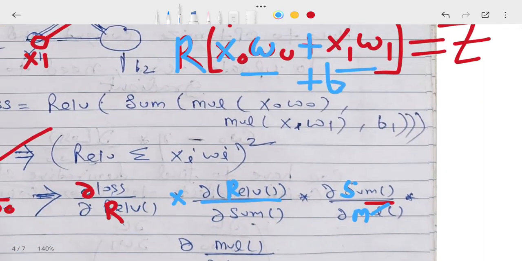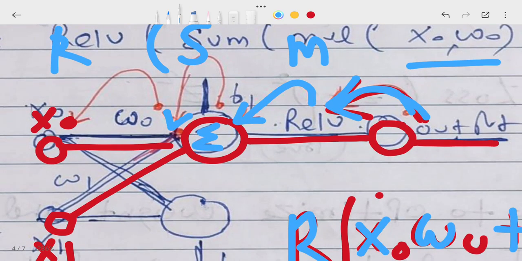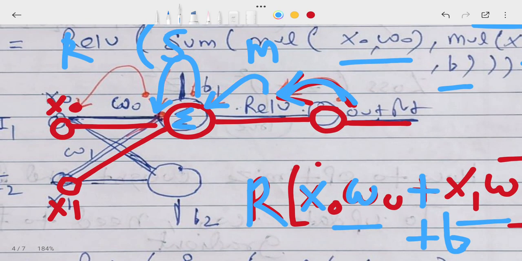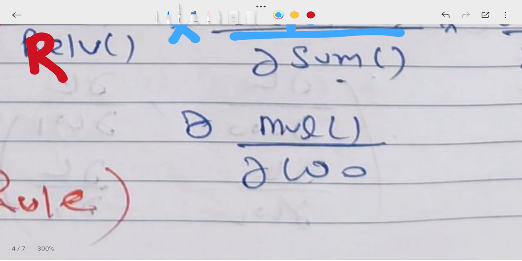Now see here. In my sum there is a mul, which means I multiply x0 w0 and x1 w1. At last my mul with respect to w0.